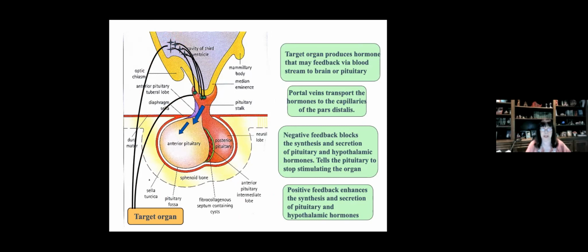It's got specific targets, and it has to go through this route. It has to go all the way to its target in the anterior pituitary. And we'll be defining those targets as we go along. So the important thing is to know the route, understand how this neuroendocrine system works and how it links up.